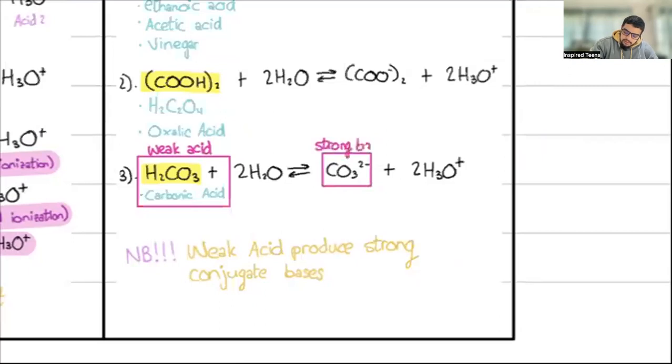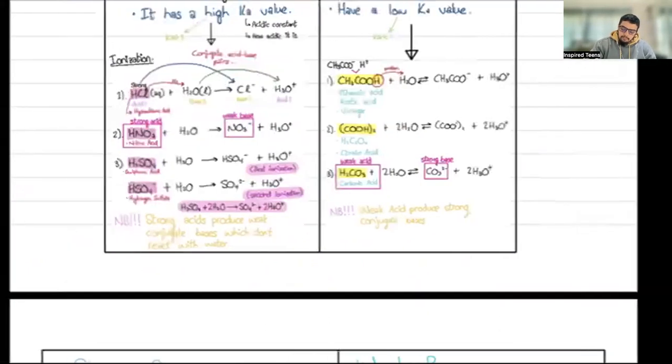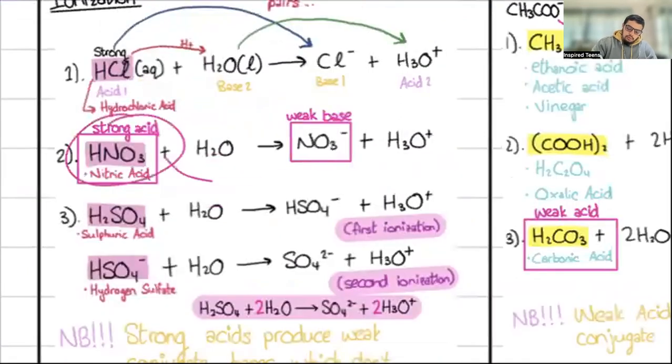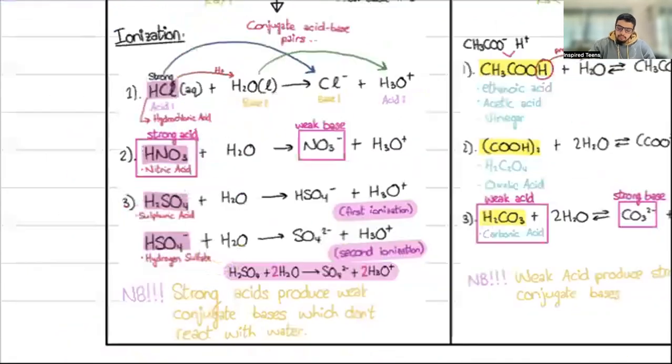Always opposite. Weak acids produce strong conjugate bases, and strong acids produce weak conjugate bases.